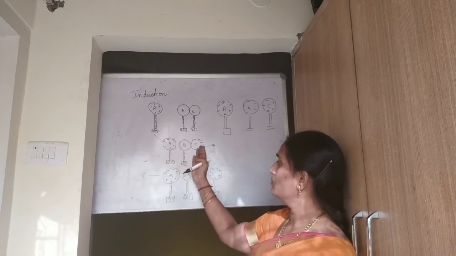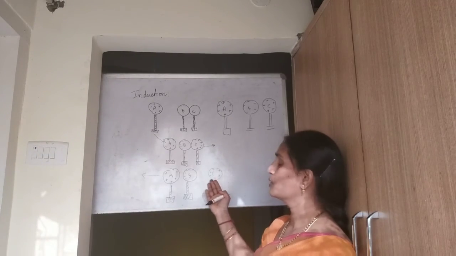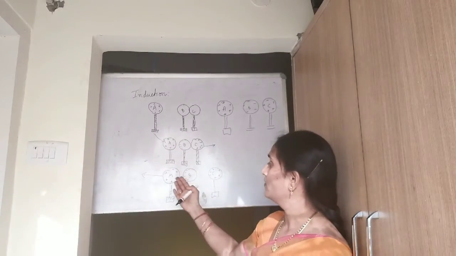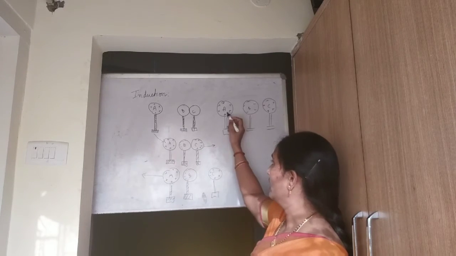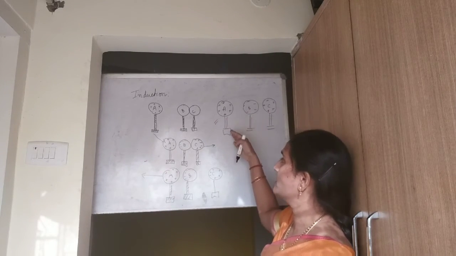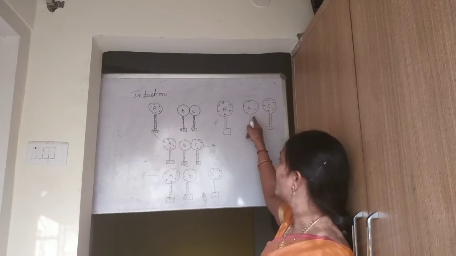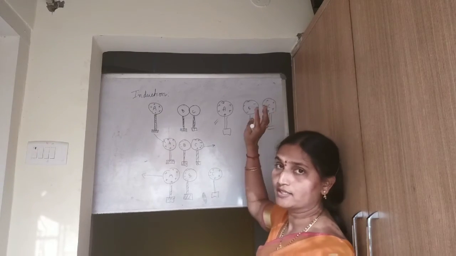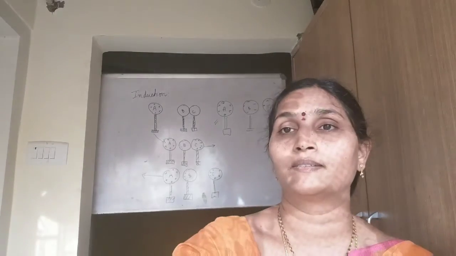Without disturbing A and B, move C away. Then a positive charge is uniformly distributed on C. And without disturbing C, now slowly move A away. A has its own positive charge. It did not lose anything. B has got negatively charged. C has got positively charged. So this method we call the method of induction.